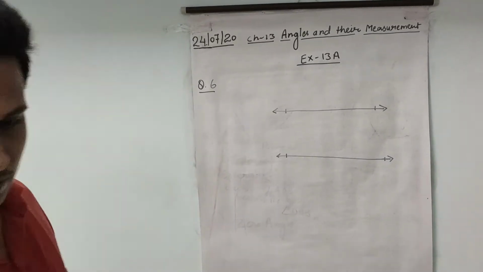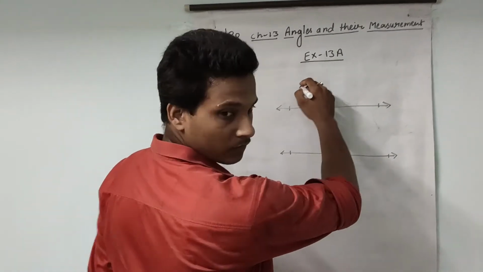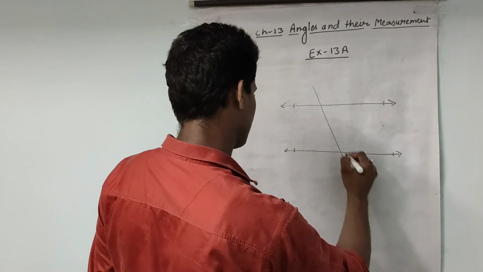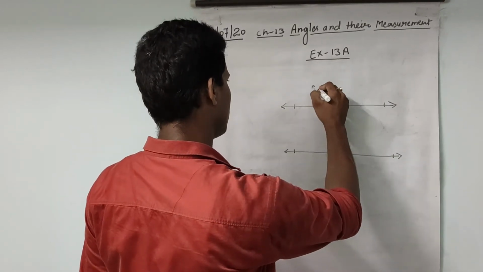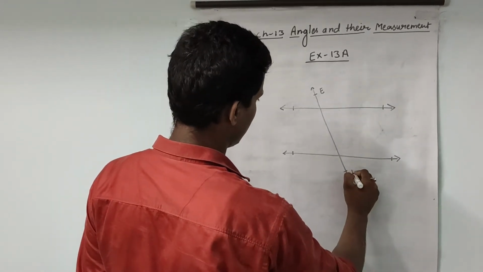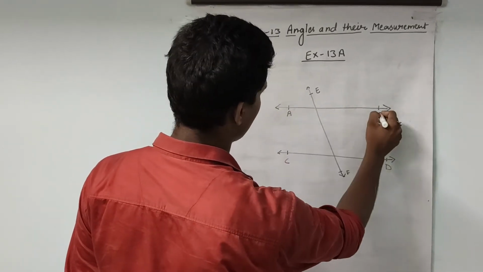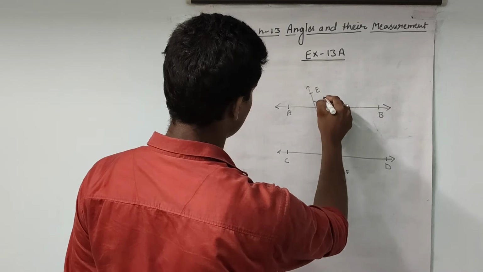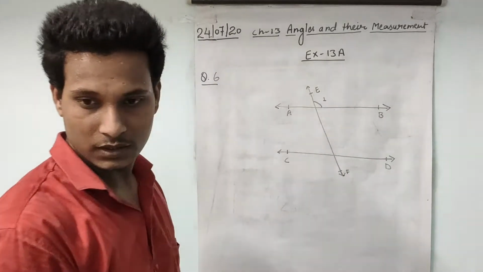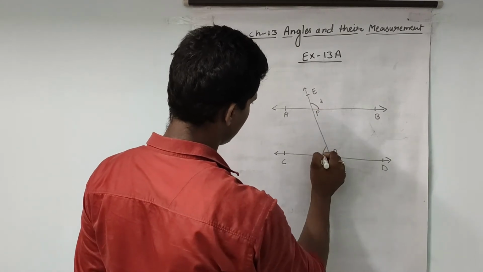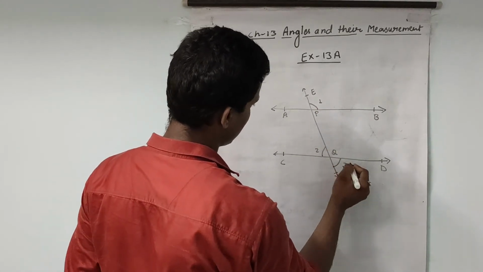That is E, F, C, D, A, B. This is angle 1. After that, this is Q and this is P. This is angle 2 and this is angle 3.